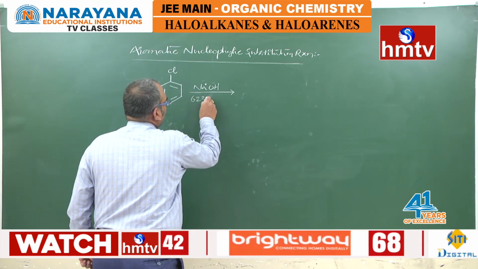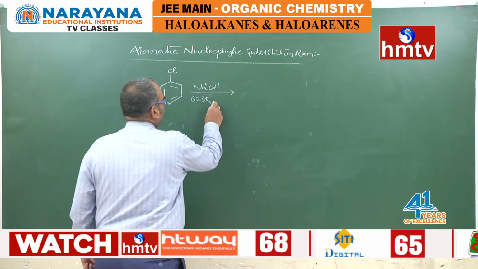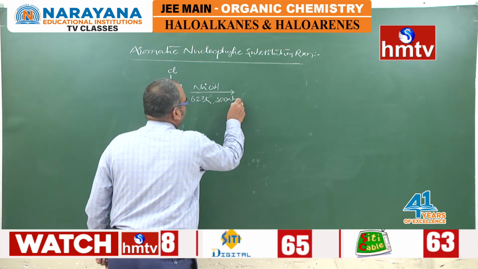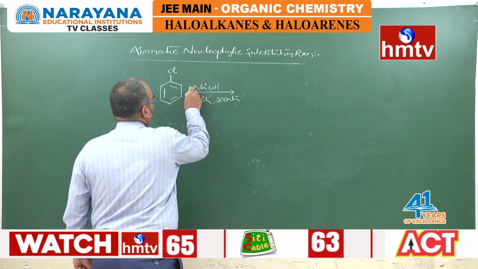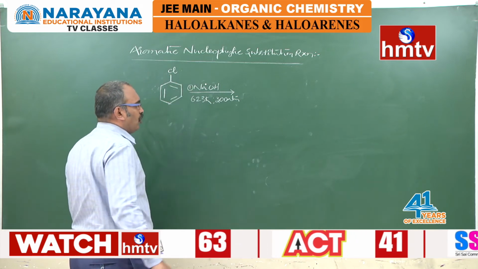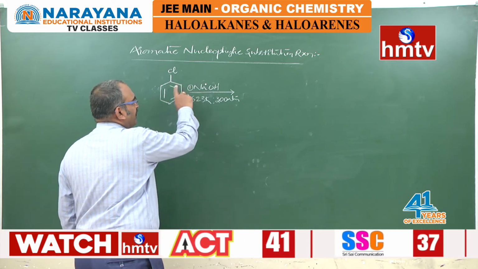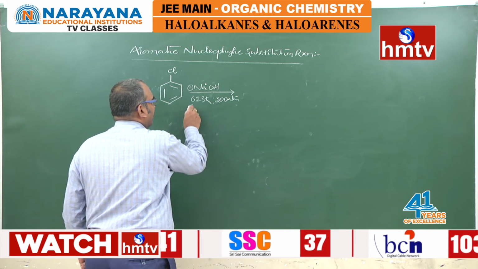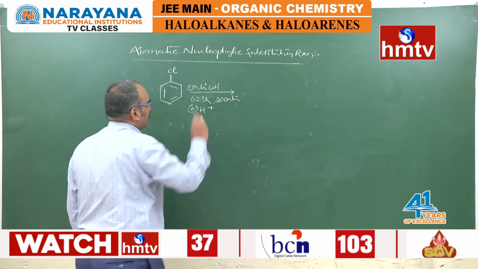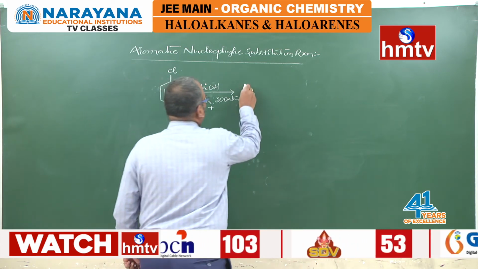So something like 623 Kelvin and 300 atmospheres pressure is needed to replace Cl with OH. Since it is a basic medium, phenoxide ion is formed and then it is neutralized with acid to give phenol.